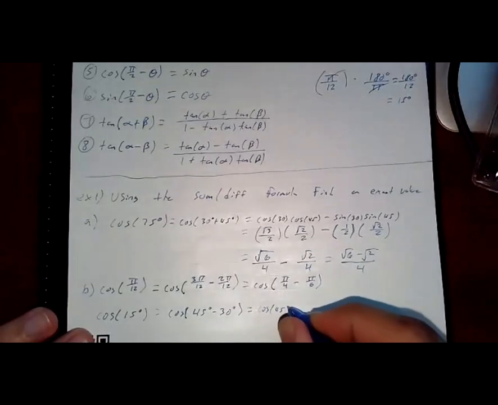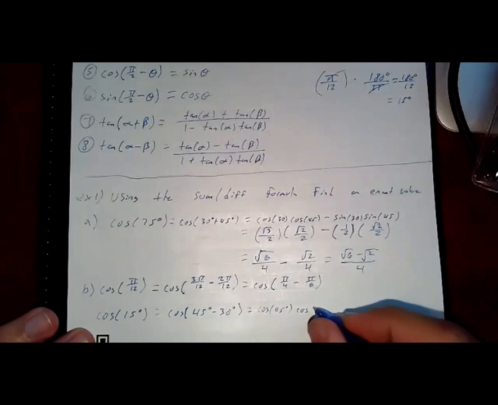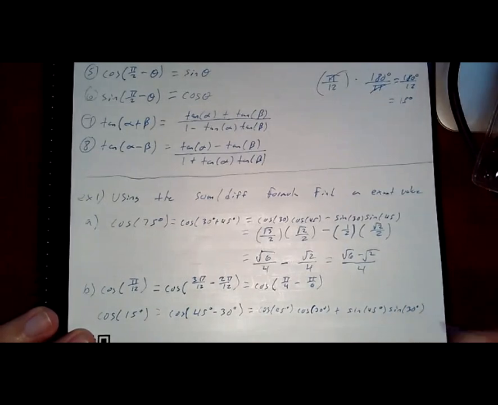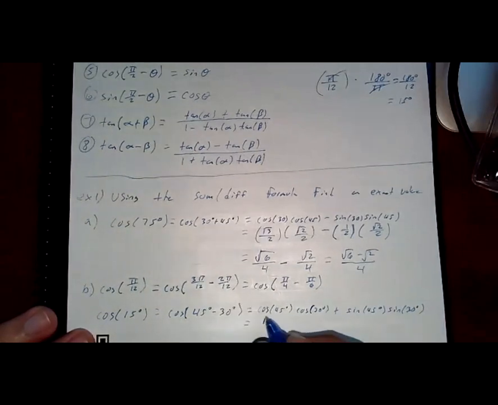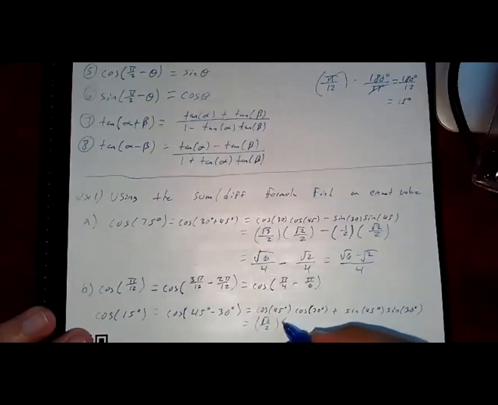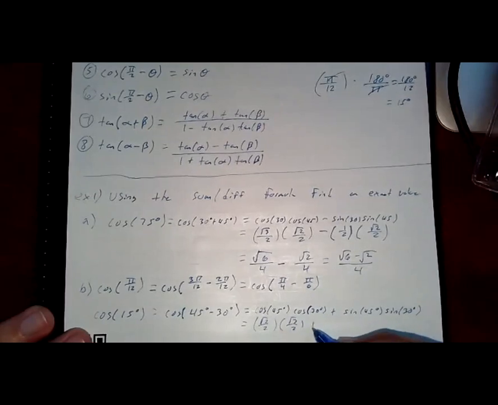Cosine 45 degrees times cosine 30 degrees plus sine 45 degrees times sine 30 degrees, which will be root 2 over 2 times cosine 30, that'll be root 3 over 2, plus sine 45, root 2 over 2 times sine 30, which is a half.